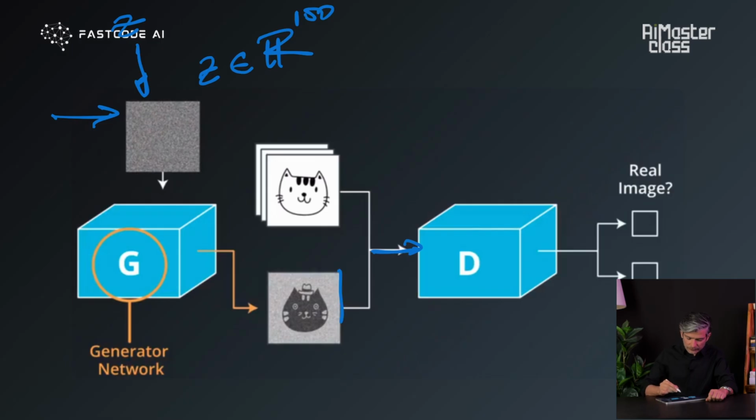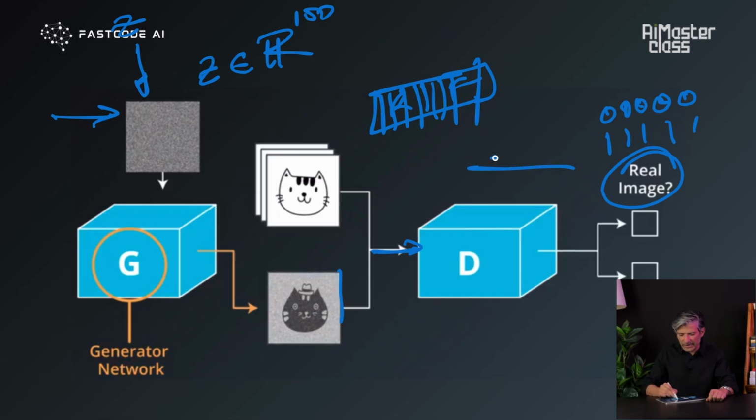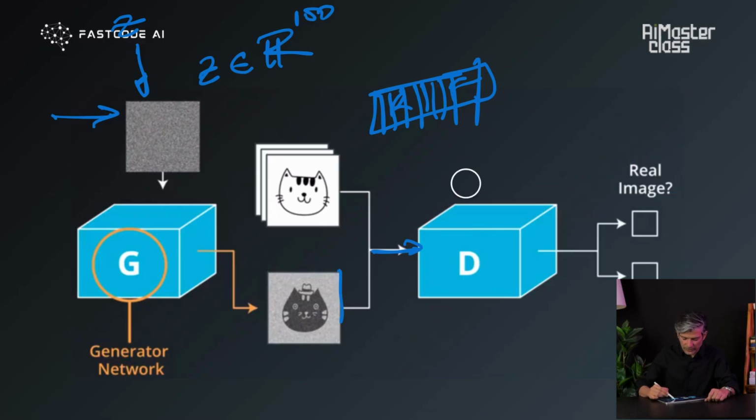In a batch, we put a bunch of real images and a bunch of fake images. Then for each image in the batch, we have corresponding targets. The first half can all be, let's say, zeros corresponding to real images, and the second half can all be ones corresponding to fake images, or vice versa. So the training of the discriminator is straightforward, like what we have been doing so far.